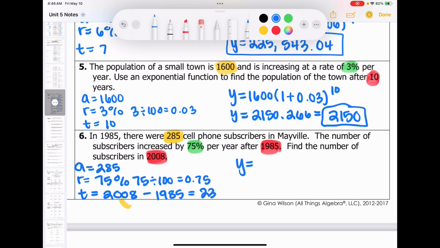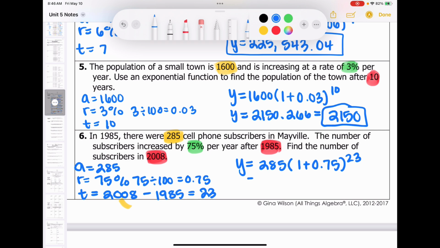So when I plug this in, I'm going to have 285 parentheses 1 plus 0.75 to the 23rd power. Again, we're talking about people, talking about subscribers of this cell phone plan.